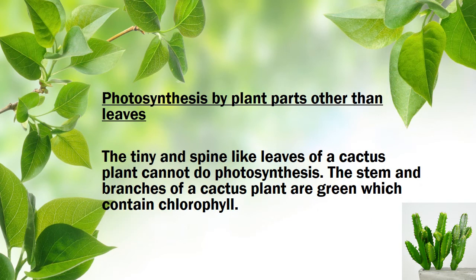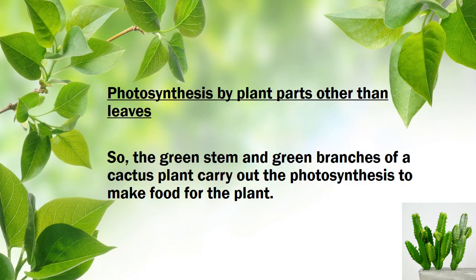The tiny and spine-like leaves of a cactus plant cannot do photosynthesis. The stem and the branch of a cactus plant are green, which contain chlorophyll. So, the green stem and green branches of a cactus plant carry out the photosynthesis to make food for the plant.